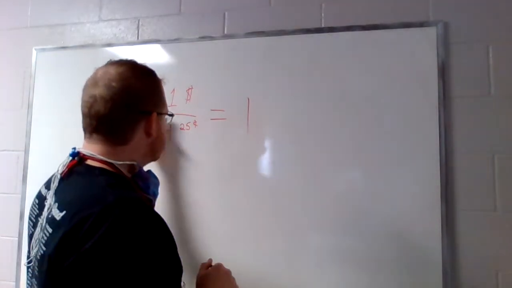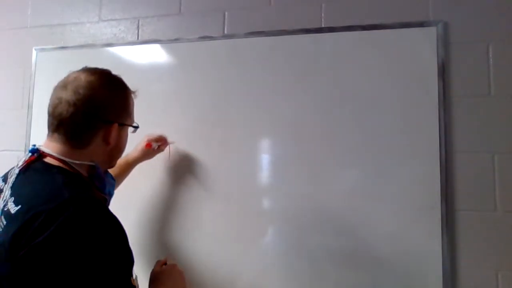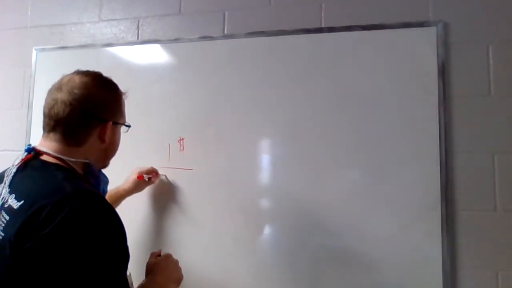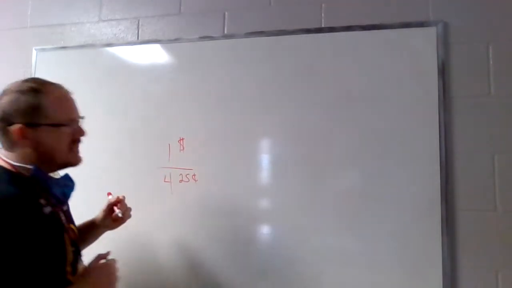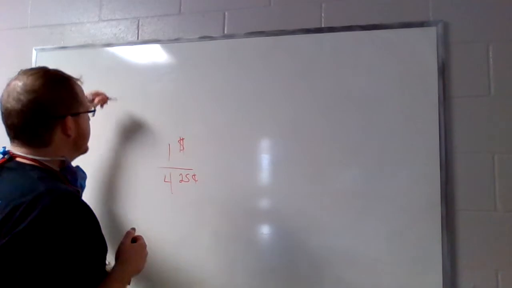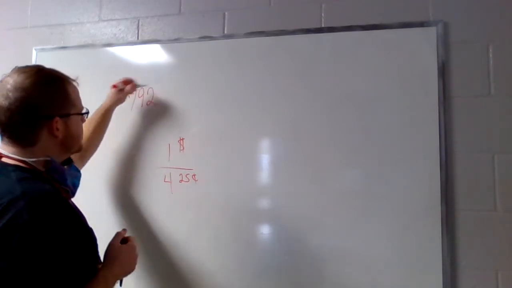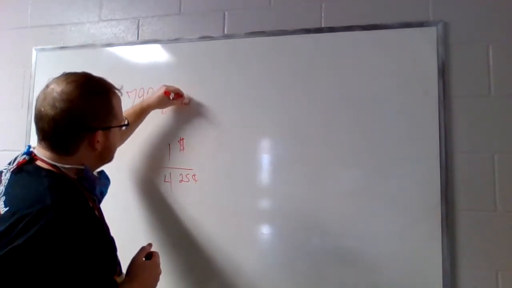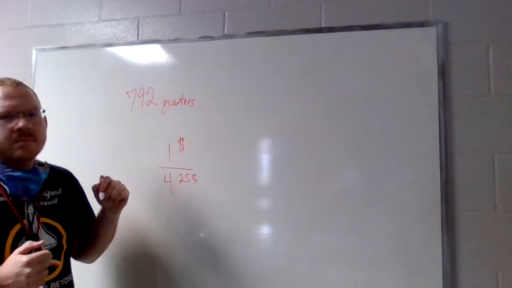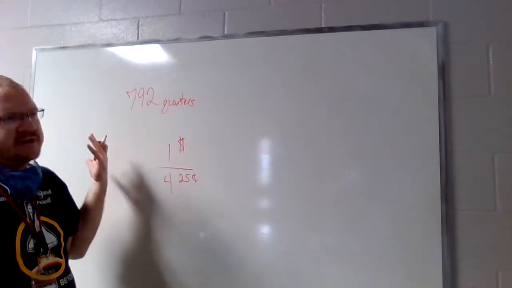So for instance, if I use the dollars and quarters one, like I have $1 on top and 4 quarters on bottom, let's say I have, let's just pick a random number, 792 quarters. And I want to know how much money that is in regular dollars, because who carries around 792 quarters?